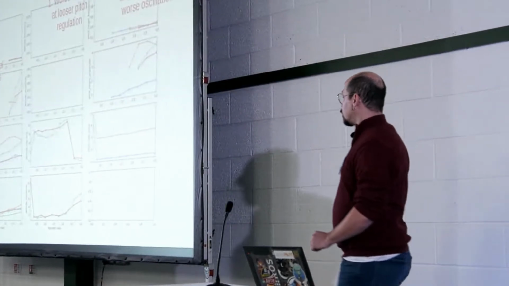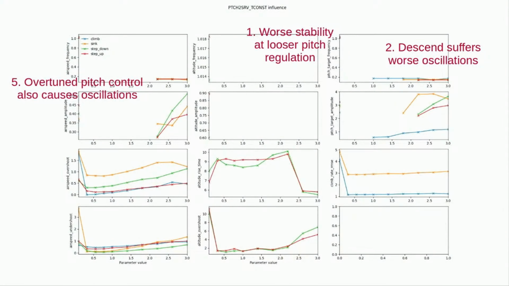Yes, and the metrics show the same story, more or less. This is a sweep of the pitch to servo time constant. And yes, we see that when we make this value bigger, which means we intentionally make the pitch control more loose, more weak, we start seeing after some point oscillations in the pitch command, in the airspeed command, and there's more altitude overshoot and worse behavior in general.